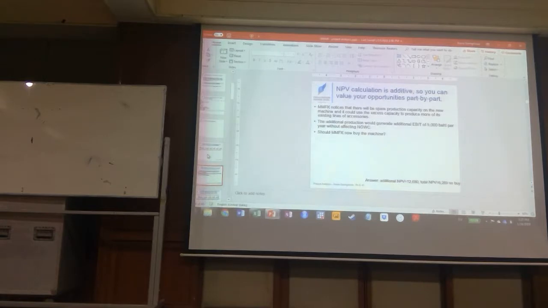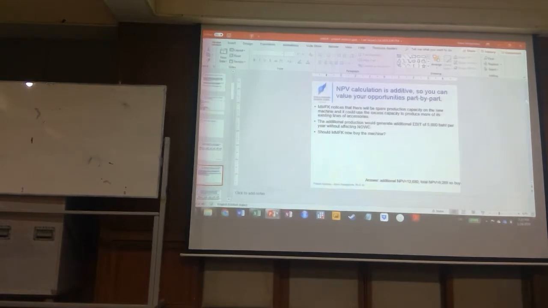So you could actually use it to make some more money. You didn't include this because you didn't ask us to, but now that you give us the flexibility, there's also this option of using the excess capacity to produce the old line. And this would result in an incremental EBIT of 5,000. We're going to change our mind.